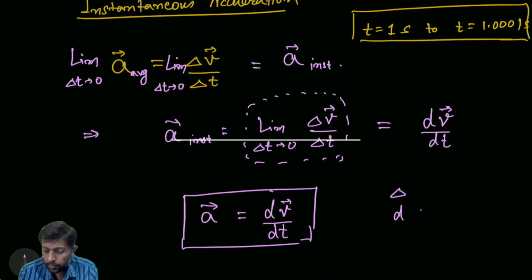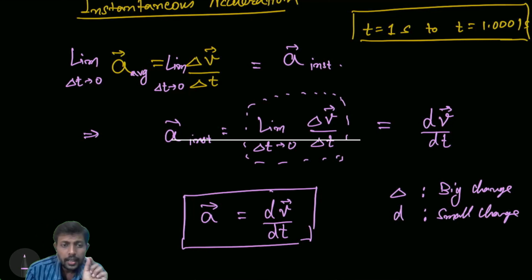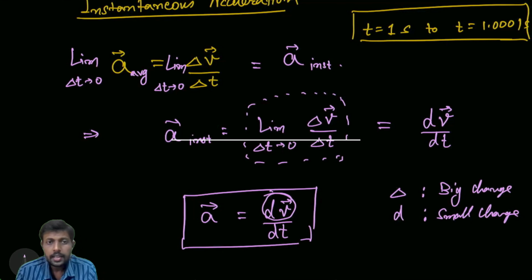This represents a small change. So this is a big change, and this a small change. Because of a small change in time, dt, there'll be only a small change in velocity. That's why we are also expressing it as dv. Okay, so this is instantaneous acceleration.